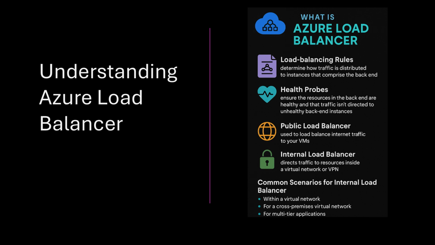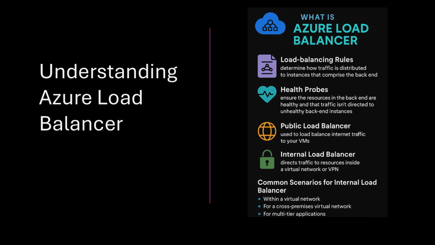Instead of one server drowning in requests, multiple servers, your backend pool, take turns handling incoming connections, improving both availability and performance. At its core, Azure Load Balancer uses load balancing rules and health probes. Load balancing rules decide how to map incoming traffic to backend VMs.